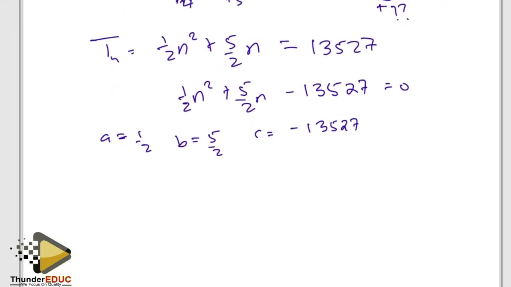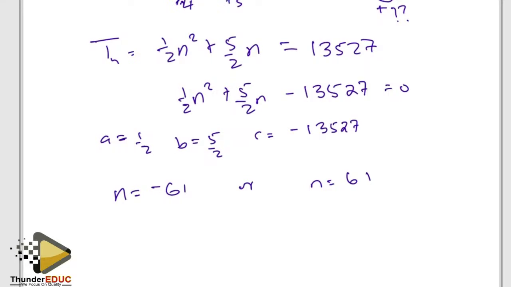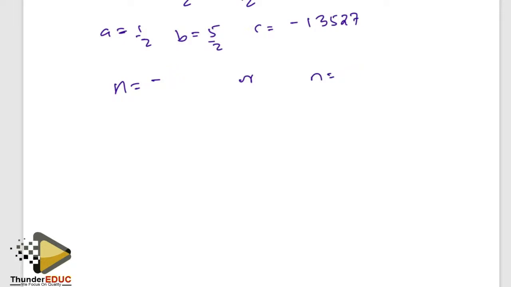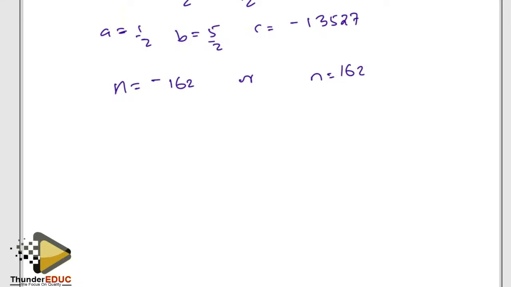Then when I use the quadratic formula, I'm getting n to be either negative 167 or positive 162.